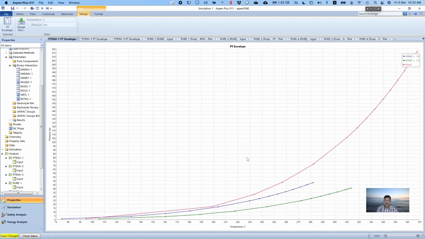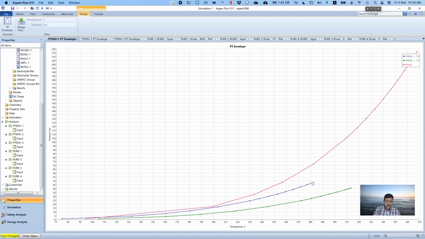So this is water, and one of them will be benzene. I believe this is benzene. Okay, so this is benzene curve, this is toluene curve. So benzene is blue.